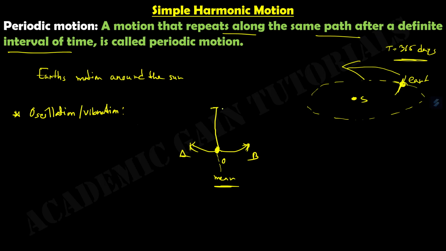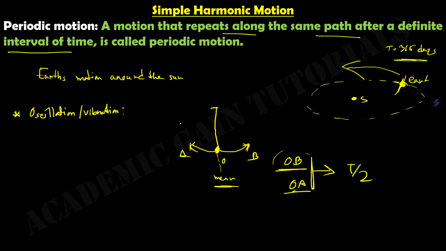If the pendulum motion is periodic, and the time from O to B and the time from O to A are equal, each being half of the time period, then this kind of motion is known as oscillation or vibration motion.